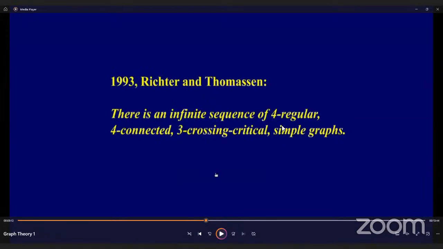Regular means that the degree of every vertex is the same, where the degree of a vertex is the number of edges incident with that vertex.